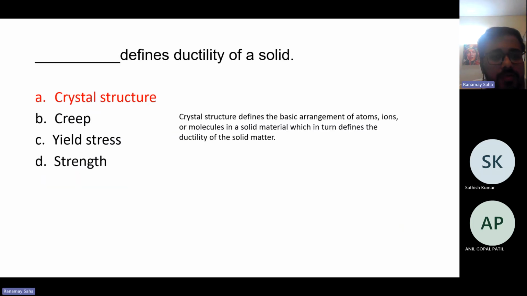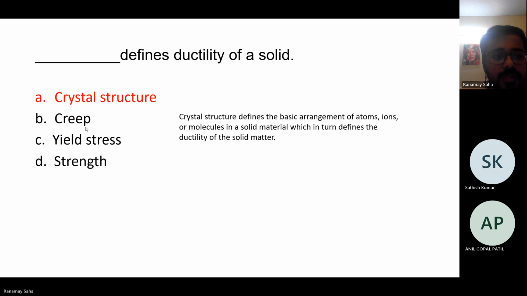Then you had a question about a solid under a very time-dependent process, denoted a lot of time.